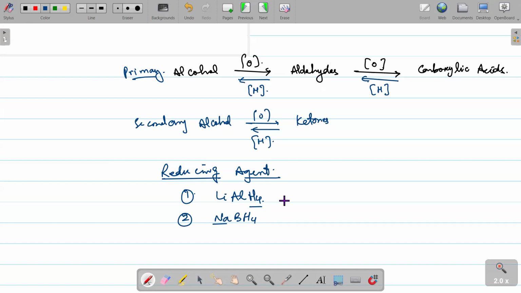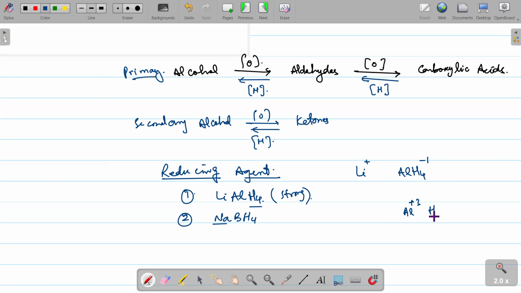And remember one thing, this one is a strong reducing agent. Okay, you can simply remember their names. If you ionize them, you will get lithium ion and AlH4 minus 1. And we know that aluminium is a metal, so the oxidation number of aluminium here will be plus 3.